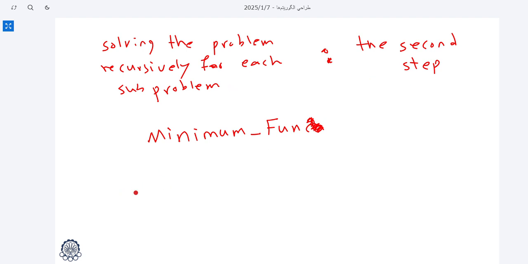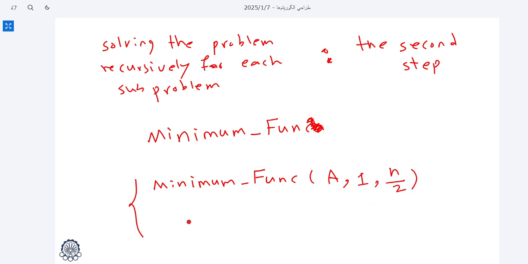So in this step, we call minimum func for the first part, which is defined by the name of the array, the first index, and the last index of the first part.